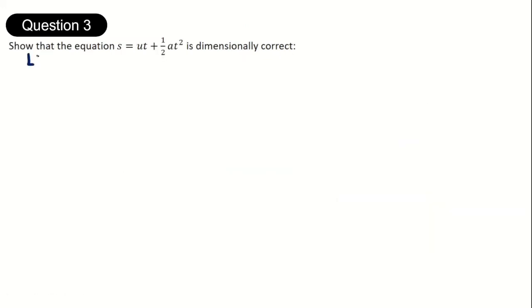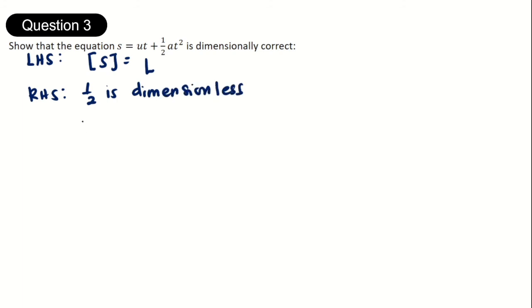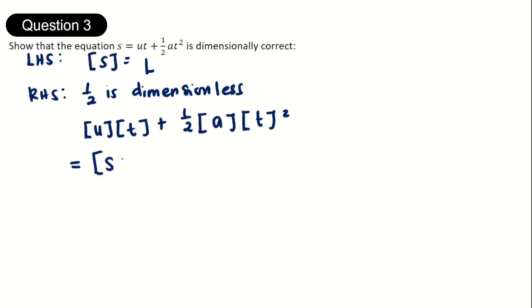Let's continue with question 3, where we have s equals ut plus half at squared. For the left hand side and right hand side, this is the method for finding the dimension of the physical quantities. If you want to prove whether the left hand side equals the right hand side, look at the video on how to do it.